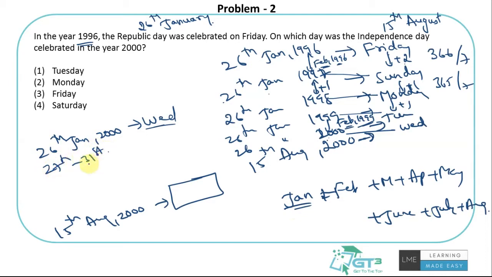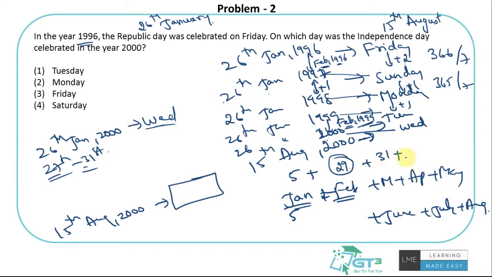How many days would that be? 5 days. Right? 5 divided by 7, the remainder is 5. So there are 5 extra days. What about February? 2000 February is a leap year, so I'll have 29 days in February entire. So I'm doing the extra days on a monthly basis. January has 5 extra days, 5 days from 27th to 31st. 29 in February, 31 in March.